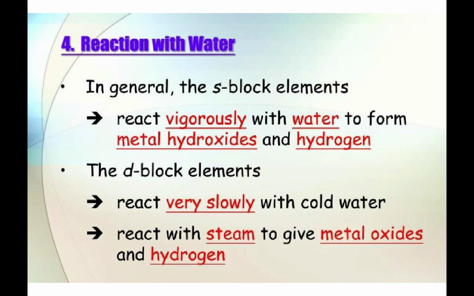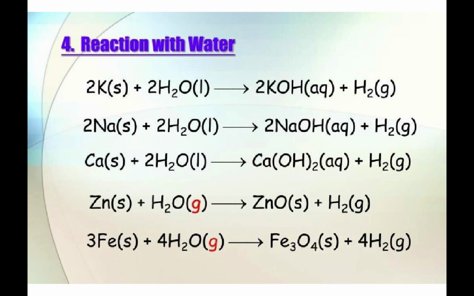You can see the reactions with water for each element: K and H2O give KOH and H2, Na plus H2O gives NaOH and H2, and calcium with water gives calcium hydroxide and hydrogen, whereas zinc, a transition element, gives only zinc oxide instead of zinc hydroxide, plus hydrogen. Iron also gives only iron oxide plus hydrogen.